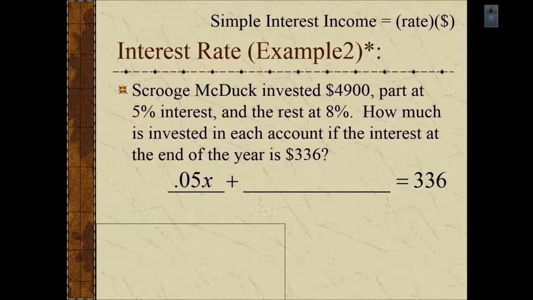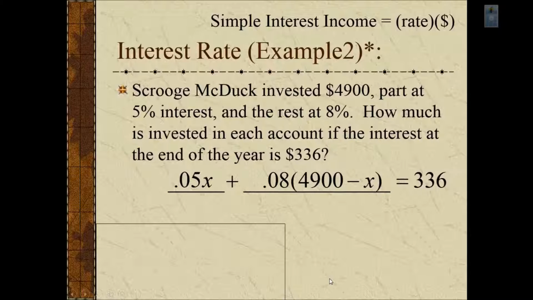We start with 4,900. We've already used X. What is left is 4,900 minus X. And if you check, all this added together, X plus 4,900 minus X, totals up to 4,900, all the money that Scrooge McDuck started with.